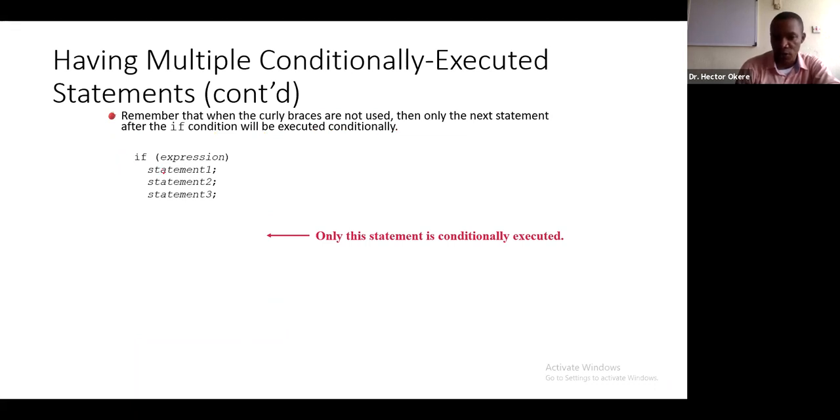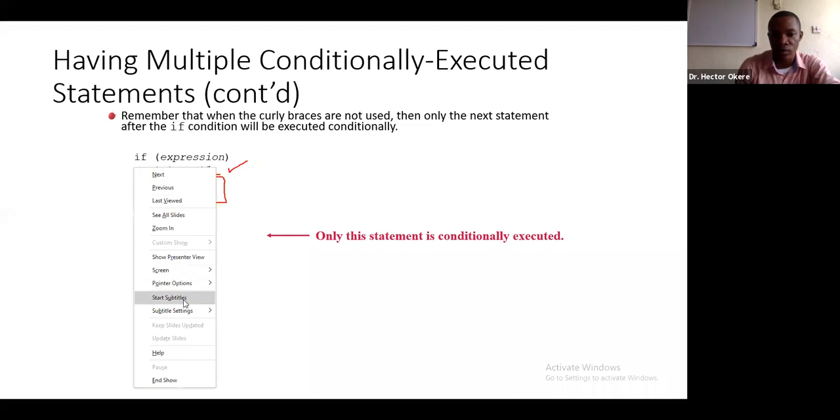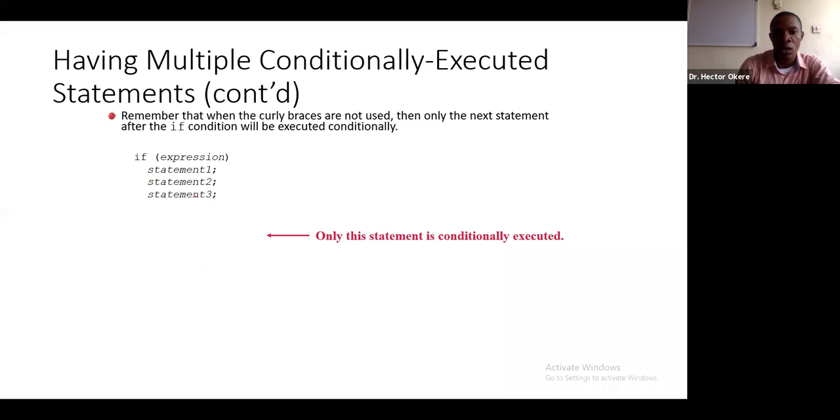If expression, statement 1. Okay, so this will happen. This one will not happen. It is not part of this if condition. All right, if expression, do this. But if you want to have all this, then you must put your curly braces here.